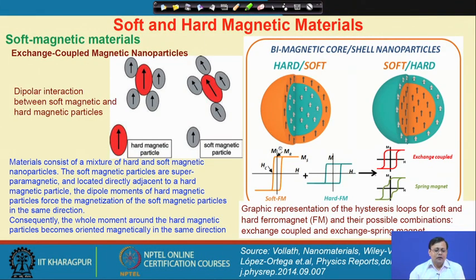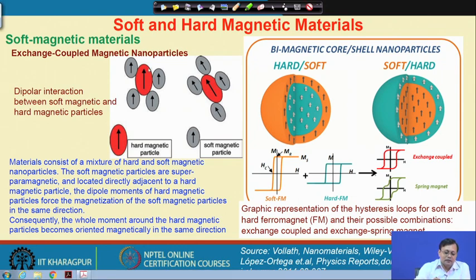Now, for an exchange coupled magnetic nanoparticle, I am not talking about the atomic level exchange interaction, but the magnetic domain interaction, where the red color domains are shown as hard magnetic domains which are surrounded by some soft magnetic domain. Okay.